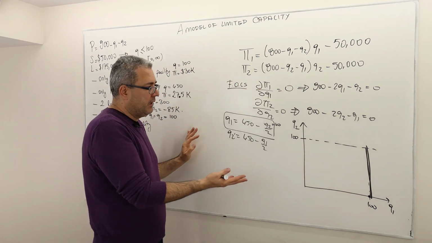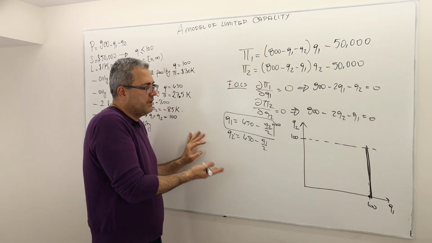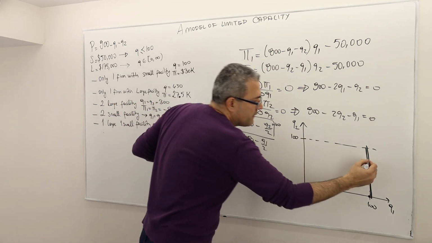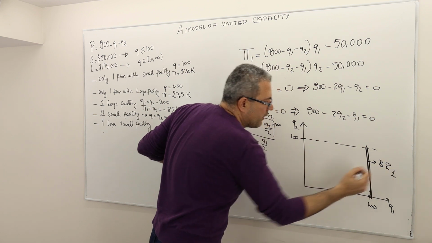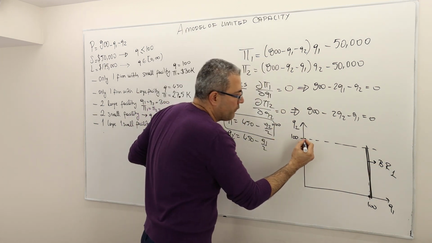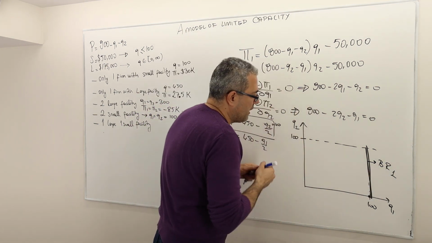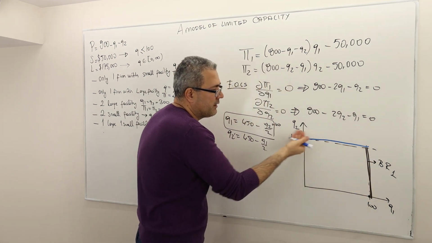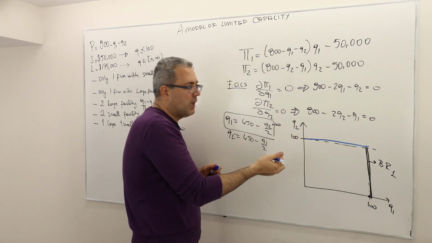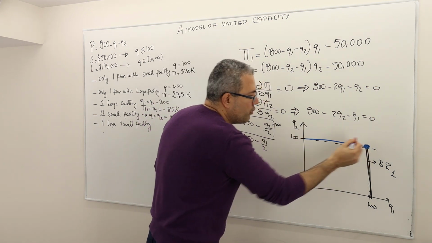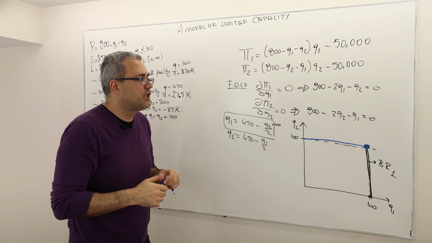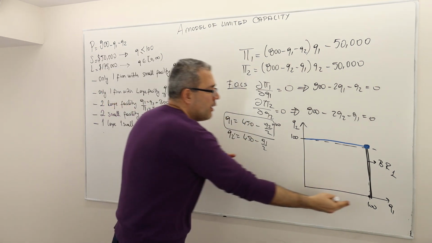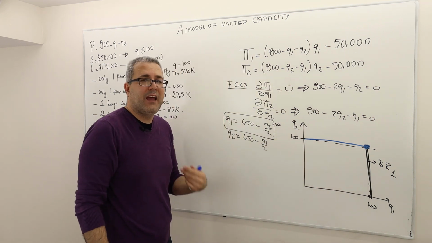Well, symmetrically, you don't really have to do the same sort of thing again, but symmetrically, so this is the best response for firm 1. And the best response for firm 2, let's use a different color, is going to be, for any Q1 level, Q2 equals 100. So that means those two best responses intersect at just one point, and hence that is the only Nash equilibrium where both firms produce 100 units of output.